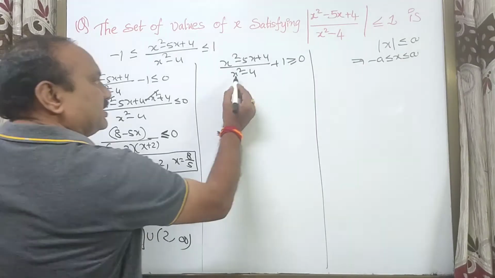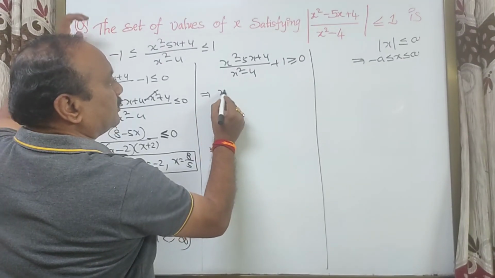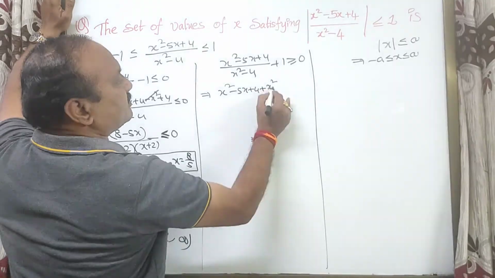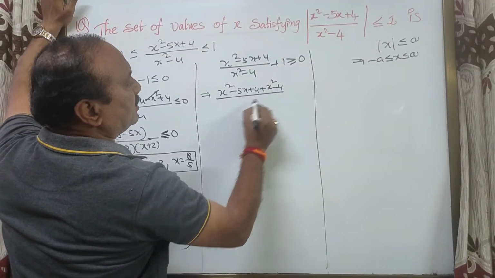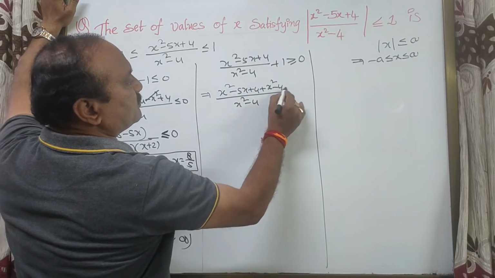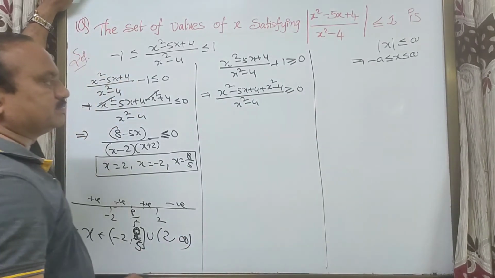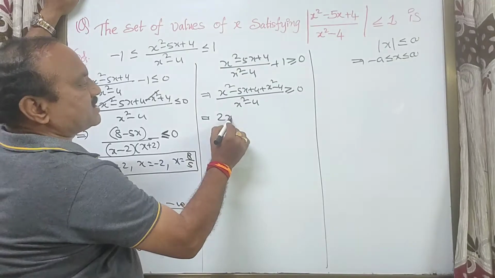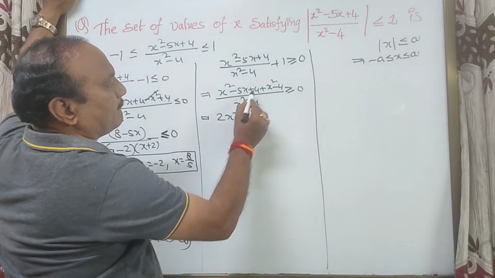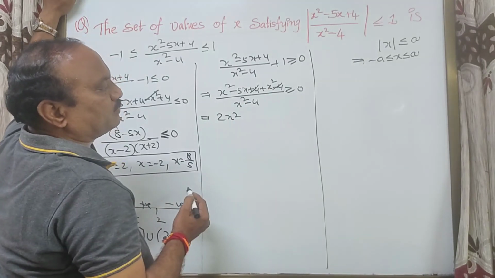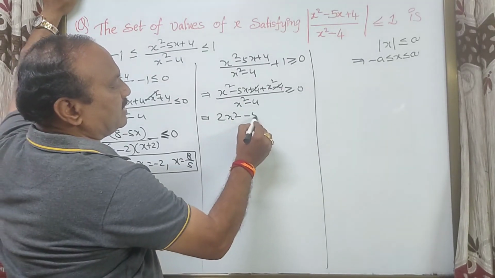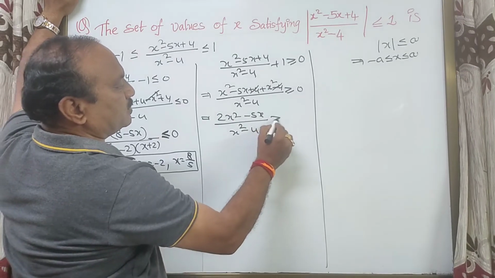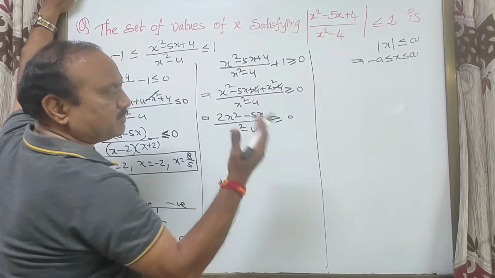Now again take the LCM here. x square minus 5x plus 4 plus x square minus 4, by x square minus 4, greater than or equal to 0. It is 2x square, 4 getting cancelled, minus 5x by x square minus 4, greater than means positive.